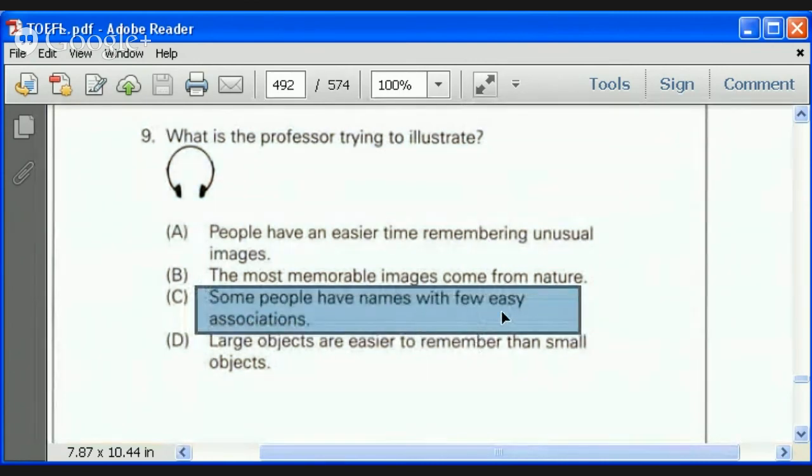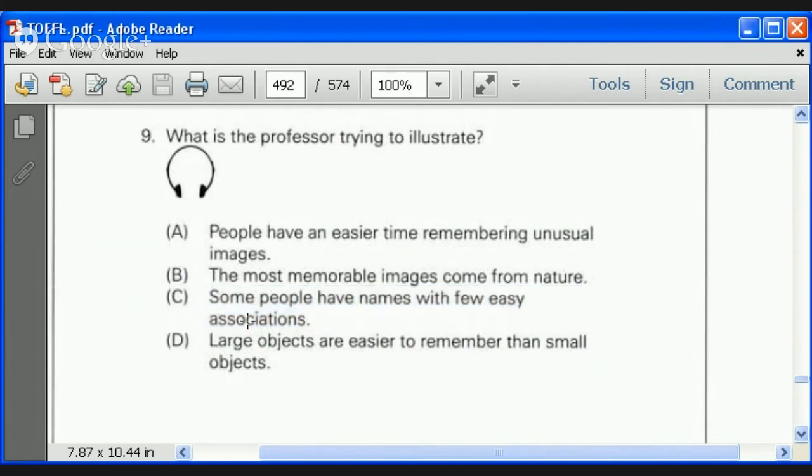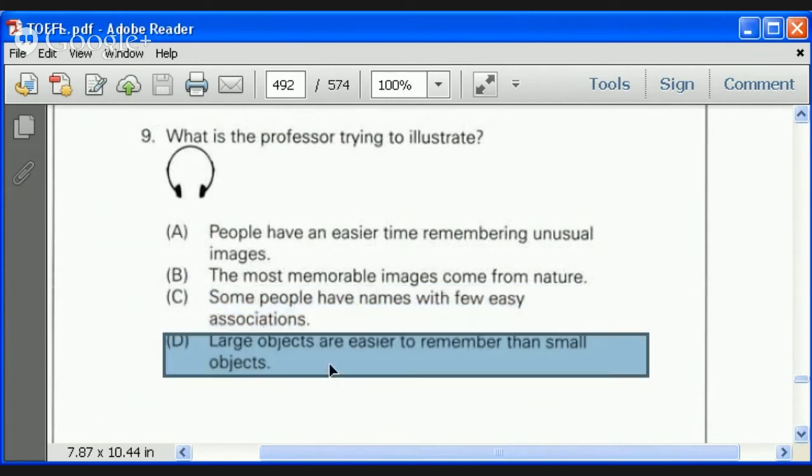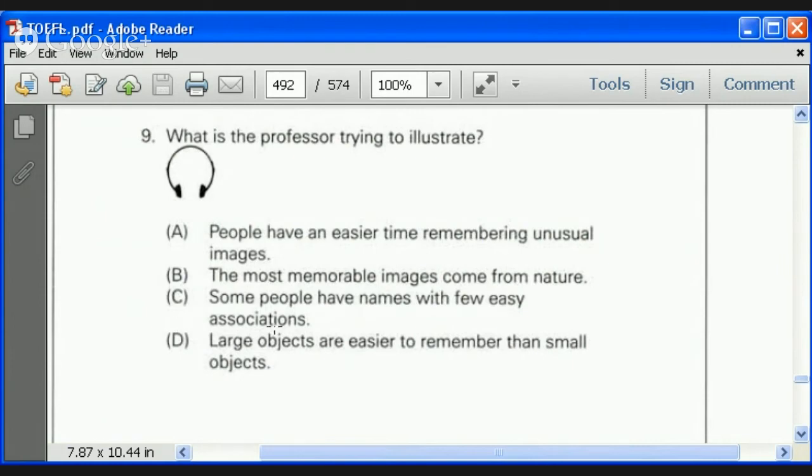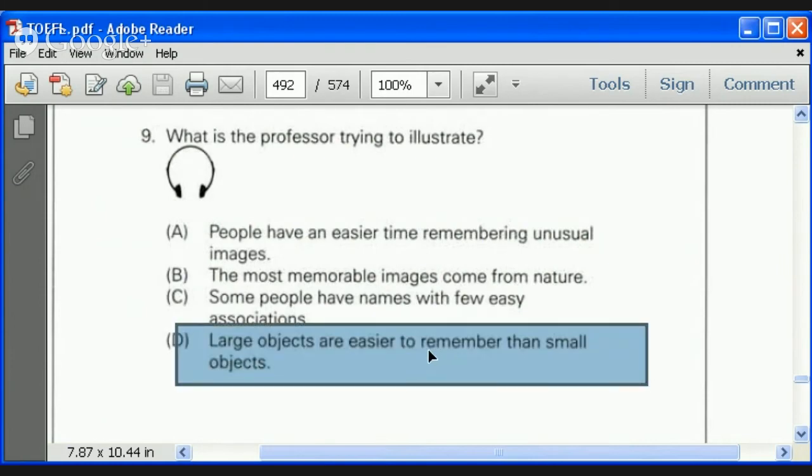Some people have names with few easy associations. No, I don't remember him saying anything about that. Again, if you don't remember him saying anything about that, that's probably because he never did. So eliminate that one. Large objects are easier to remember than small objects. That defies logic. What a silly thing to say.